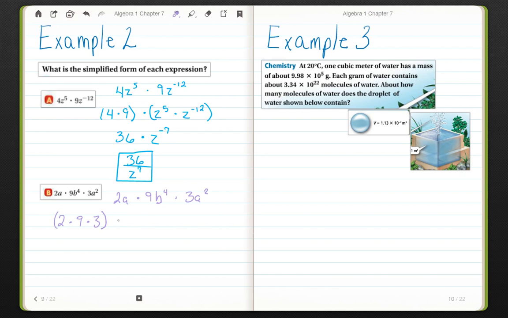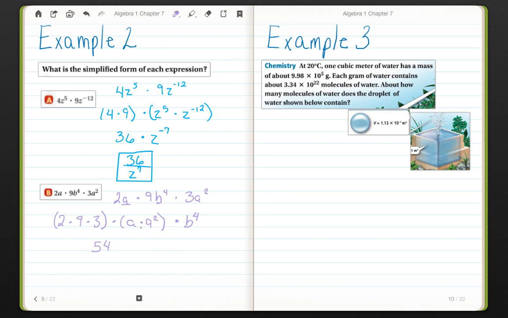And then I'm going to group my like variables: a times a squared, and then times b to the fourth. So 2 times 3 is 6, 6 times 9 is 54.